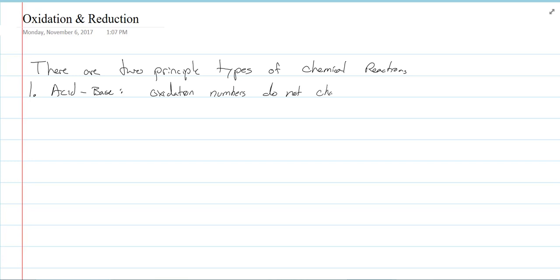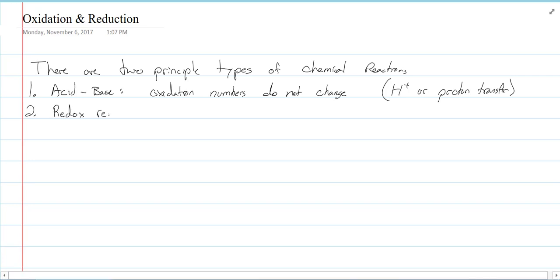We look at it through the lens of H plus or proton transfer. And that becomes more apparent in Chem 2. But in acid-base reactions, oxidation numbers do not change. The other class of reactions are redox reactions. And here, oxidation numbers do change.